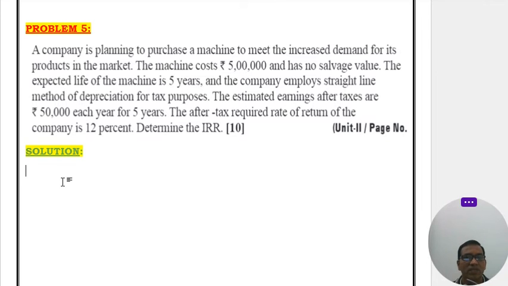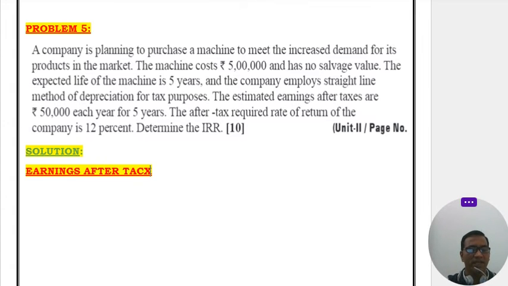And what about earnings after taxes is given 50,000, but we want cash flow after tax. So how you will get cash flows after taxes? From the earnings after tax plus depreciation is equal to CFAT, cash flow after tax.